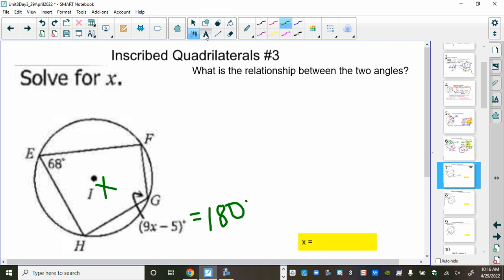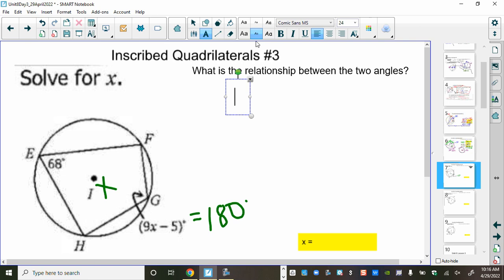We're solving for the x, right? In the end, you're going to solve for the x. Yup. It's going to be 68. Good job, Catherine. It's 9x minus 5. And yes, Andy, you are 100% correct. We're going to solve for the x. Remember that.